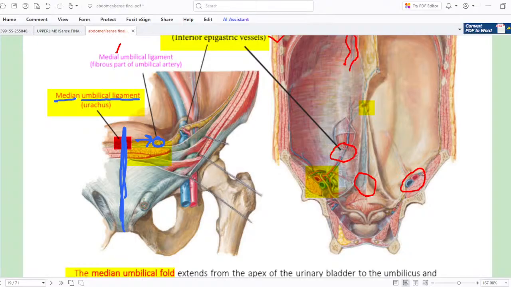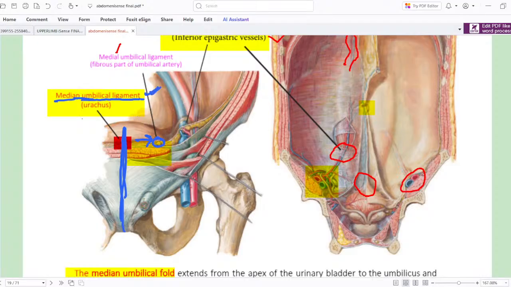Okay, we can continue. So we were saying, in the midline we have the median umbilical ligament.